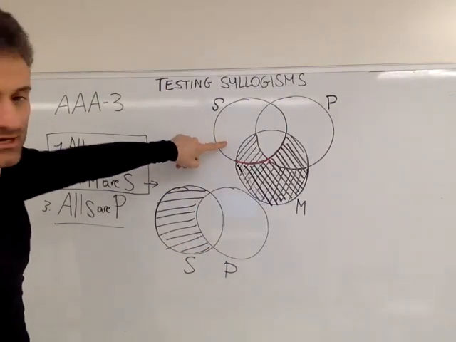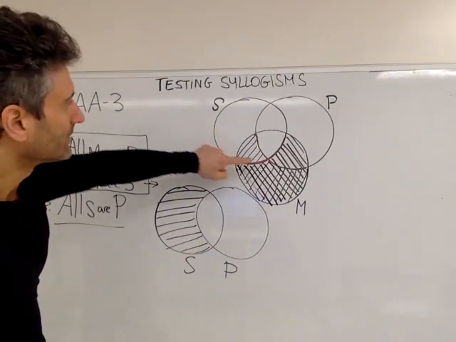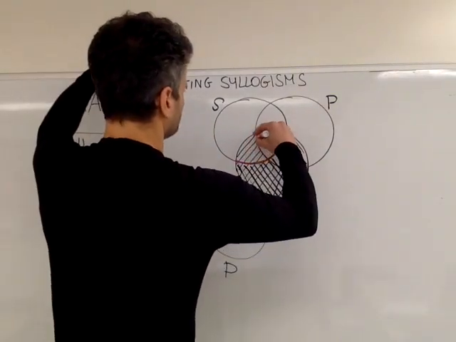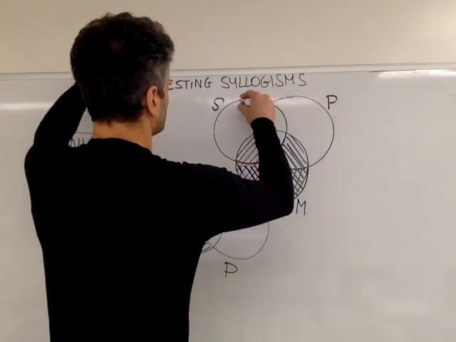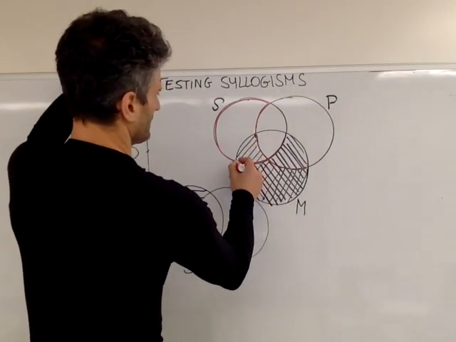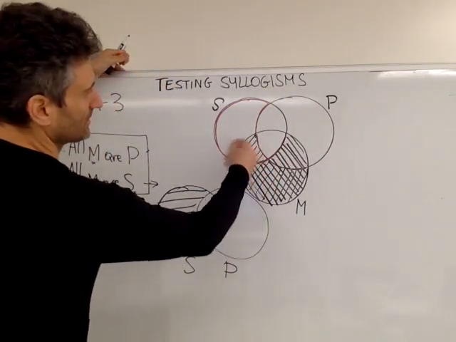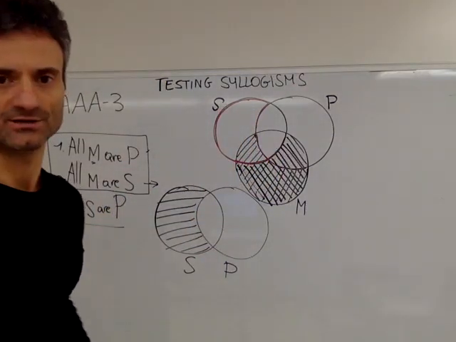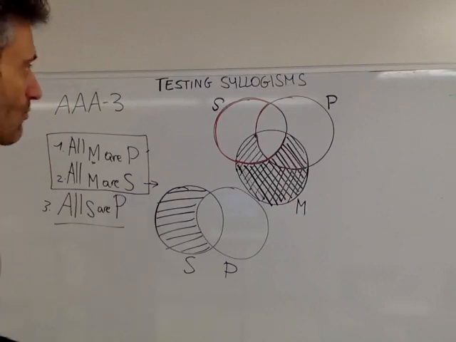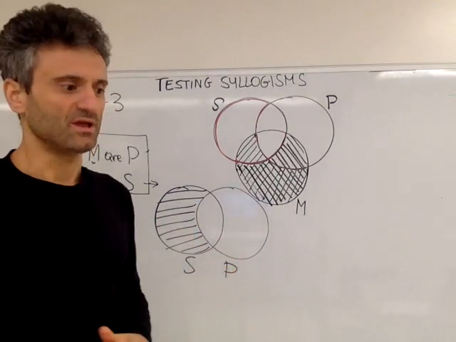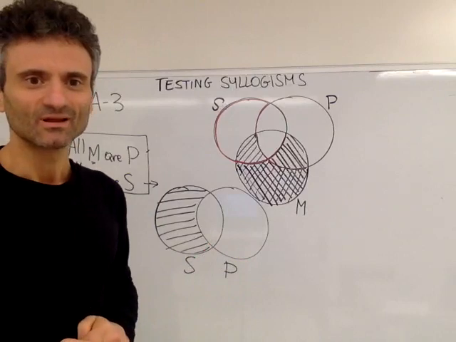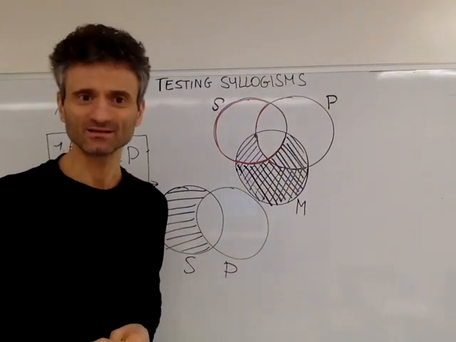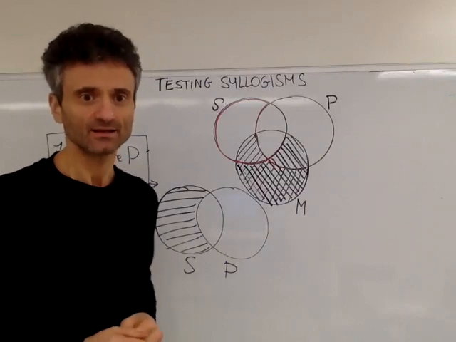But as you can see, area 1 of S, all this is area 1, is not shaded. So what does that mean? It means it's not valid. It's invalid. Is it that easy? Yes, it is that easy.